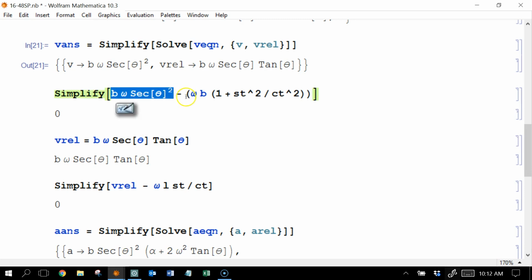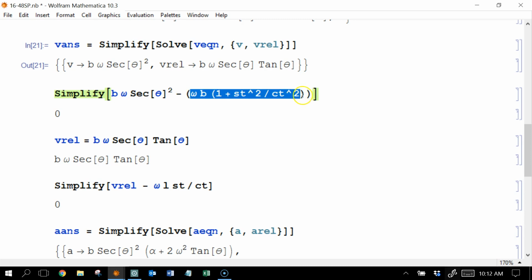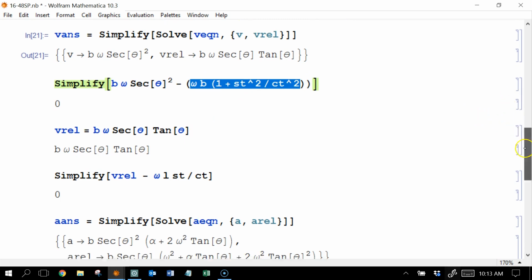And then if you look at what this is, between these parentheses, this piece right here was what I got when I did it by hand. I'm just trying to confirm that those are equal. So I just take what Mathematica gave minus what I had, and I simply said simplify that. Well, I get 0, which tells me that what Mathematica is saying is exactly what I had by hand. So that's how I knew that I had done it right by hand.